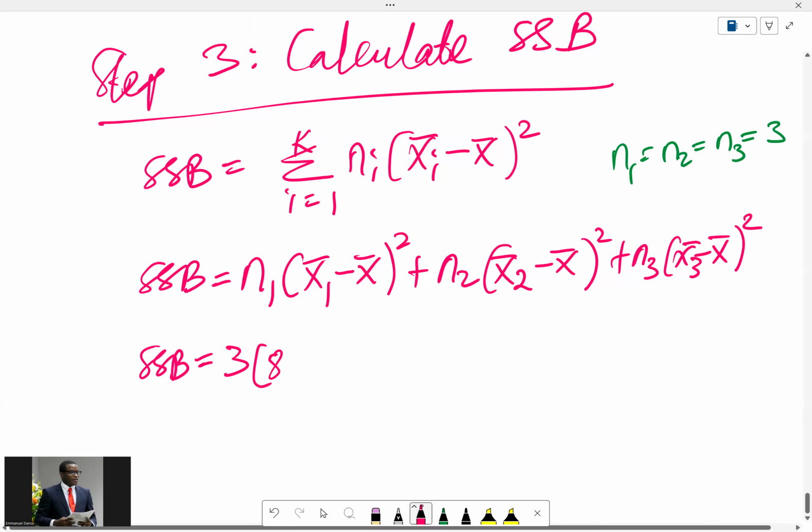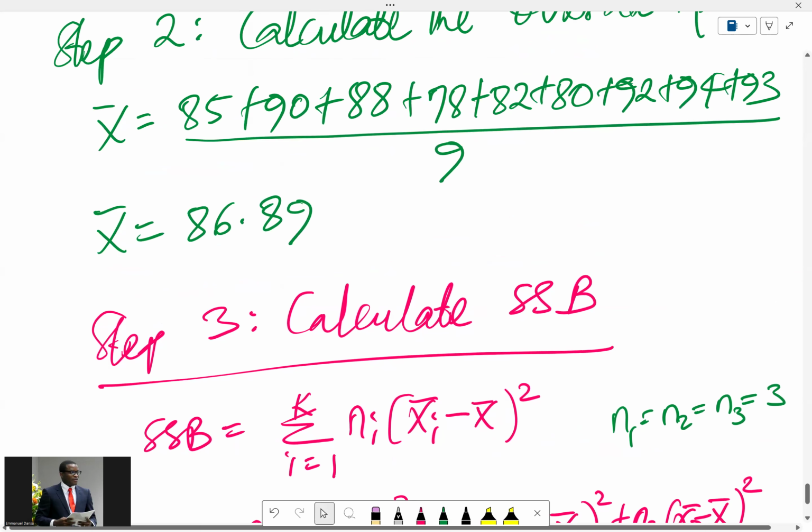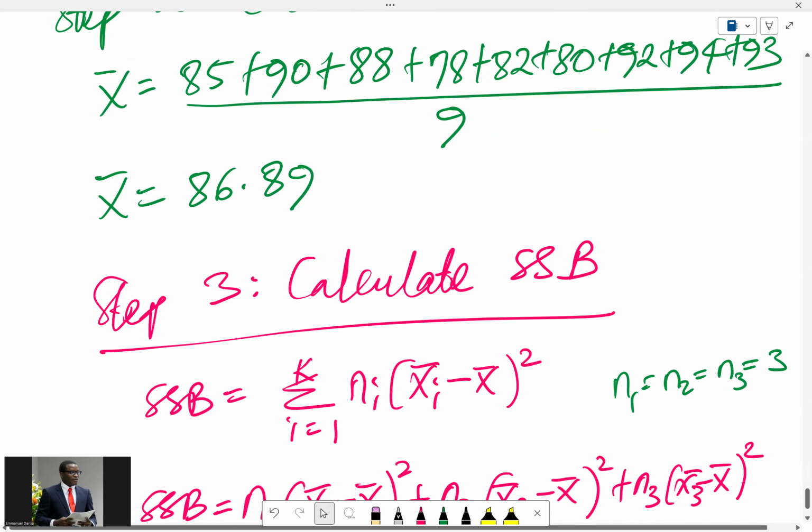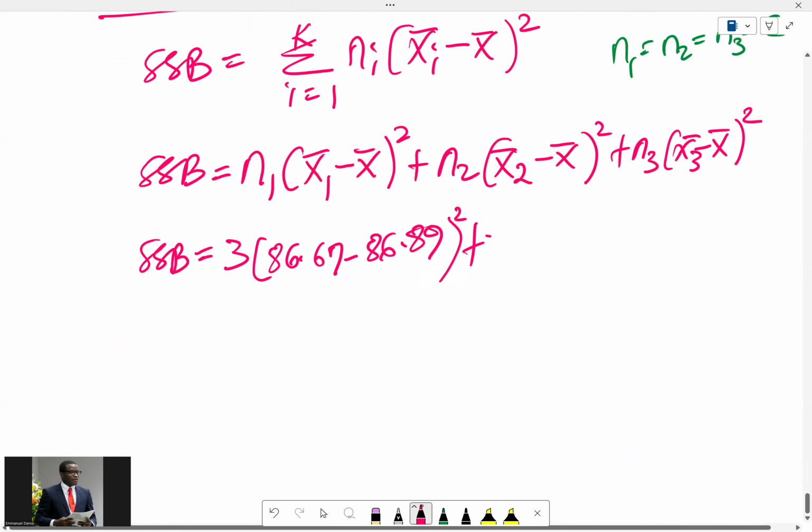That is 86.67 minus 86.89, all this squared, plus 3 into X2 bar, which is 80.00 minus 86.89 all squared. Then 3 again into 93.00 minus 86.89 all squared.